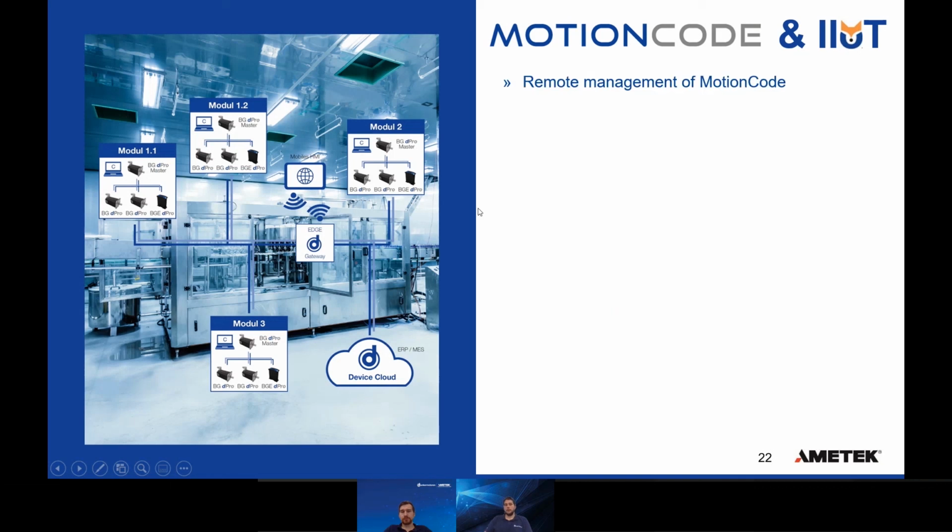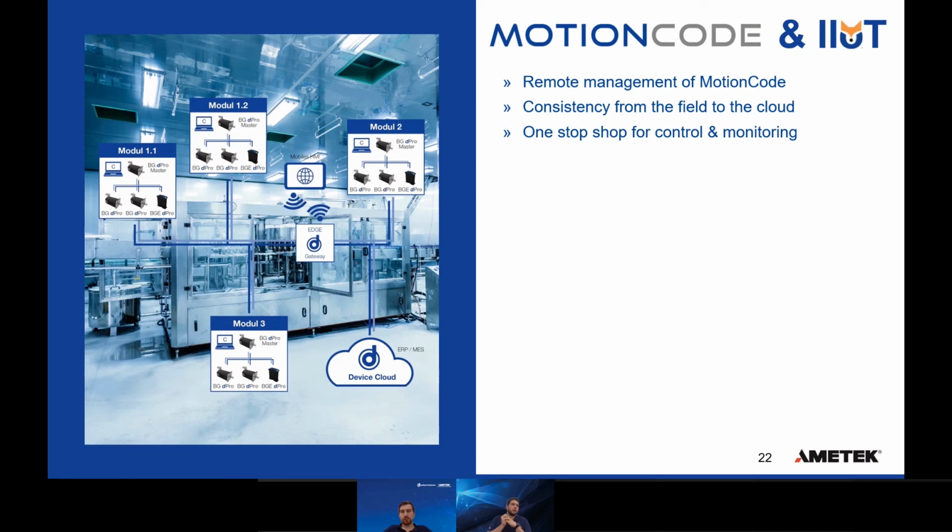And I think that's the link. If you have motion codes running outside on the motor, you can manage them via IoT remotely, update them, upgrade them, and interact with them. So you have a consistency from the field to the cloud level, and therefore we can offer a one-stop solution from controlling up to monitoring what's really happening.